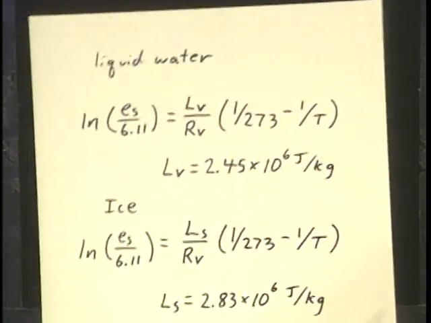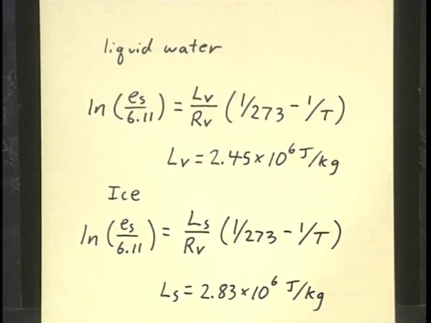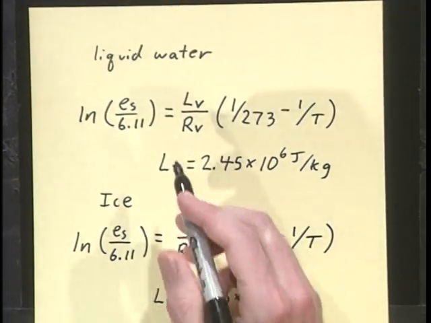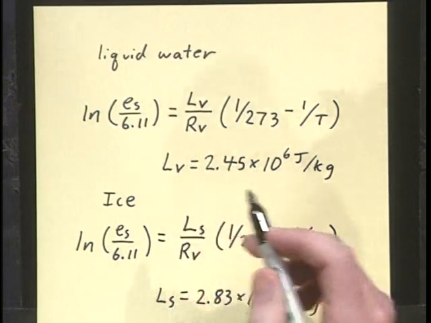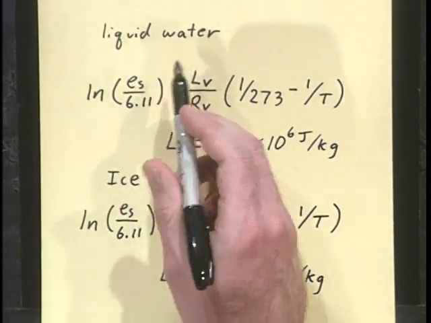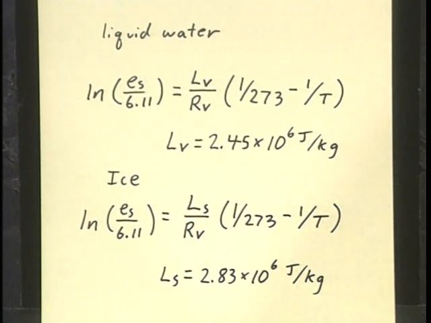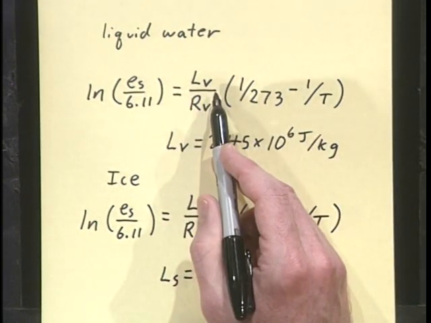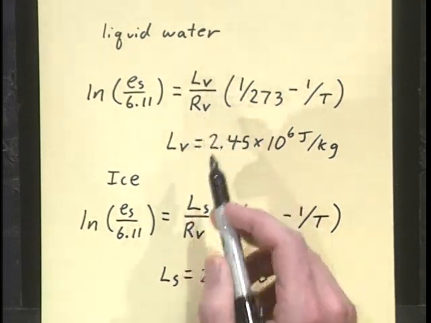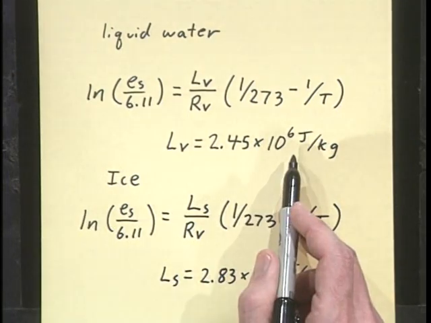And now we're going to examine the Clausius-Clapeyron equation to investigate this concept further. This is the same equation that we looked at earlier, the Clausius-Clapeyron equation. One is going to be for liquid water, and the other one is going to be for ice. For liquid water, we use L_V, that latent heat of vaporization that we looked at earlier, 2.45 times 10 to the 6th.